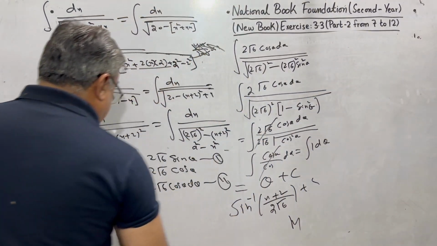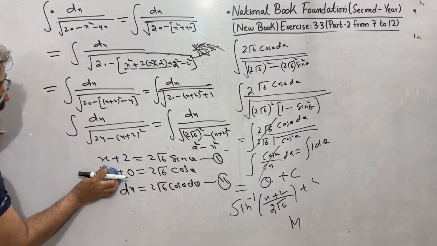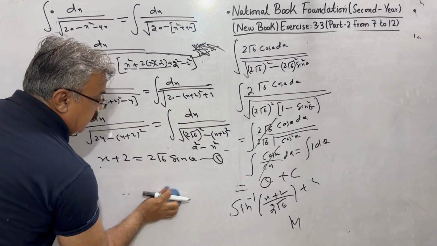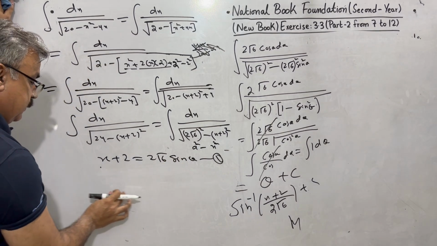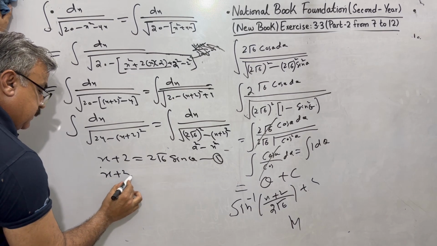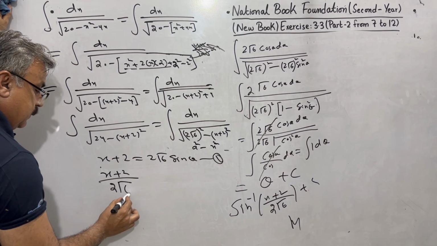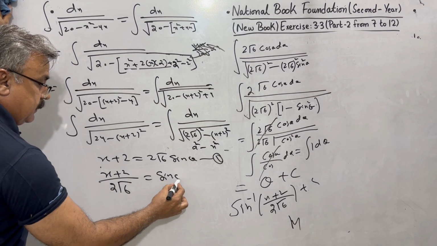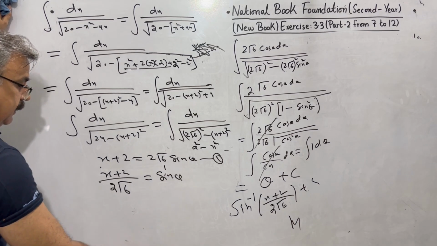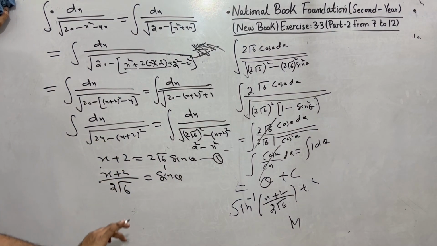Let's see very clearly how I manage the value of theta from here. Shift 2 times root 6 here. x plus 2 divided by 2 root 6 is equal to sine theta. We are interested in theta, taking arc sine or sine inverse both sides.